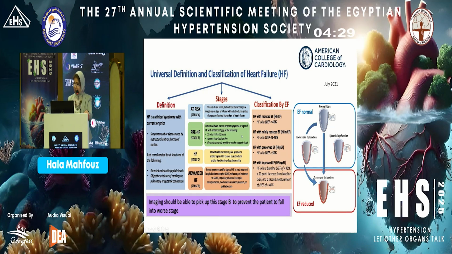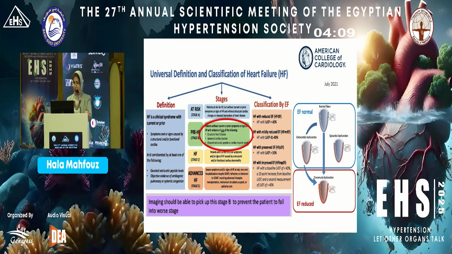In fact, stage B of the classification is described as patients without current or prior symptoms or signs of heart failure, but the patient has one or more of the following: structural heart disease, functional abnormalities, and/or elevated natriuretic peptides.